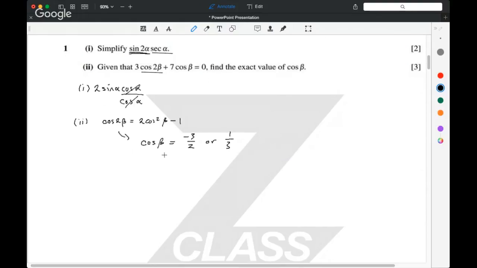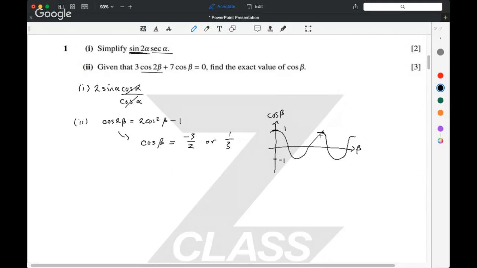Now, what you need to do here is recognize, and always check this when you get this kind of result where the cosine or the sine is equal to something, that it's an allowed value. If we look at the cosine function, it oscillates between 1 and minus 1. This is beta, and this is the cosine of beta.